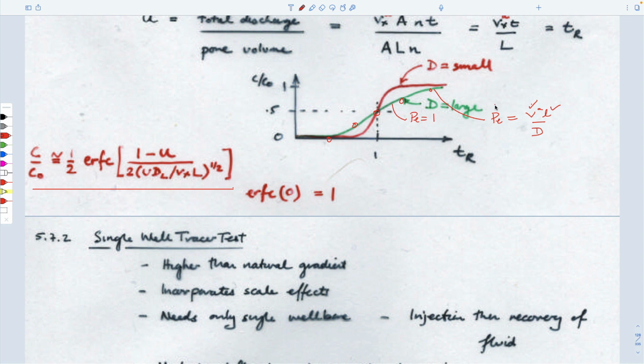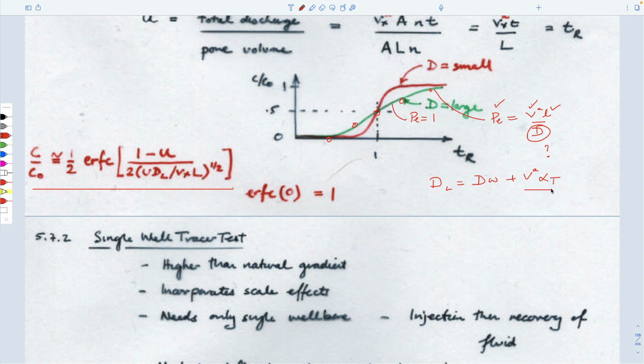And if you know what this Peclet number is, then the only thing you have left to find out is this. If you know what this magnitude is, then we know that the overall longitudinal dispersion is equal to diffusion coefficient times tortuosity plus advective velocity times alpha t.